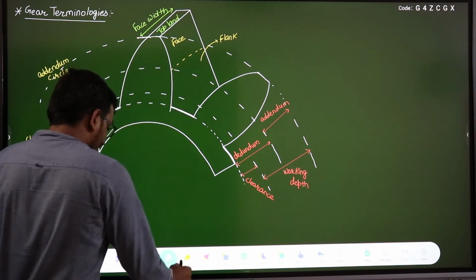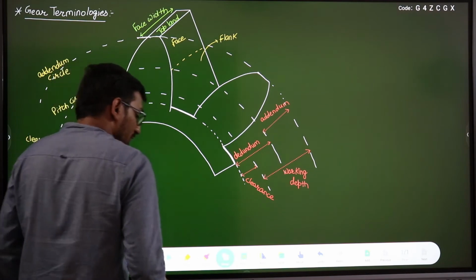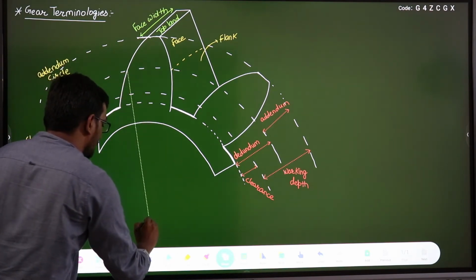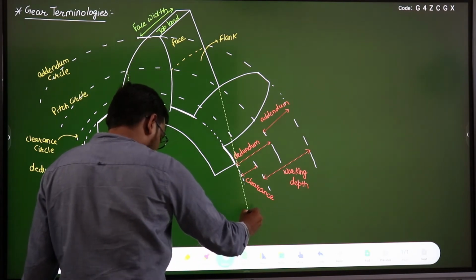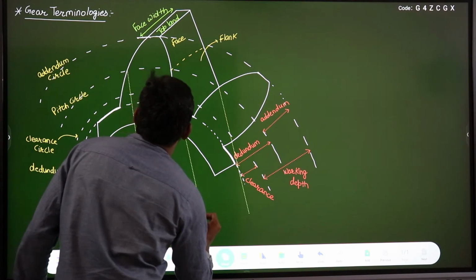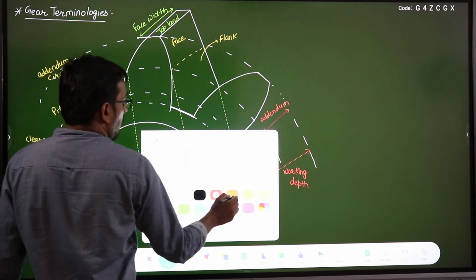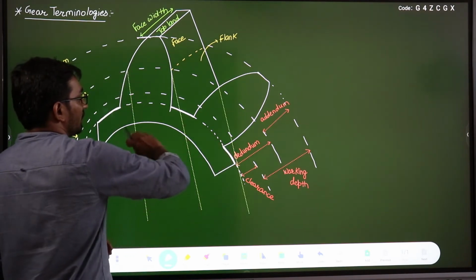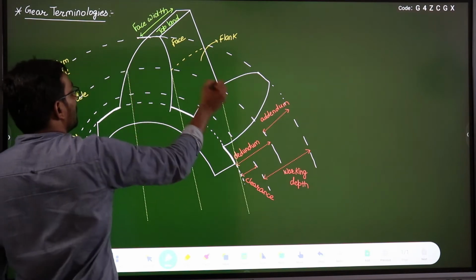Now suppose at this pitch circle we take the corresponding points of two adjacent teeth. The gear will be rotating in this curved motion.